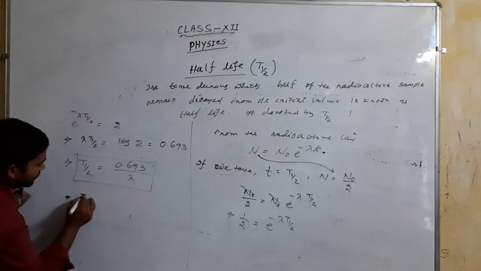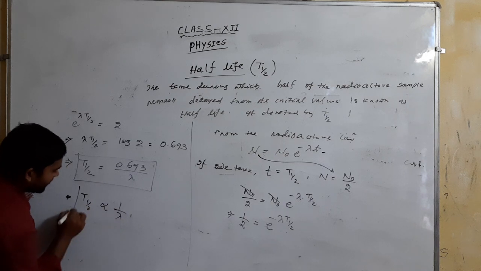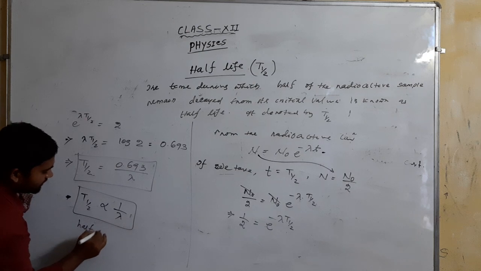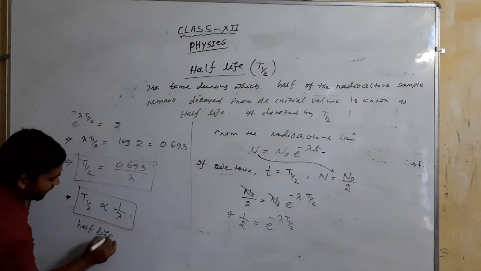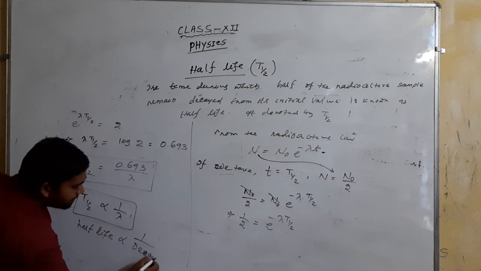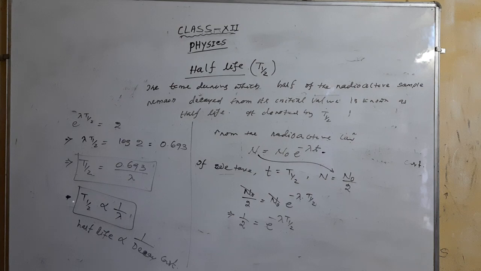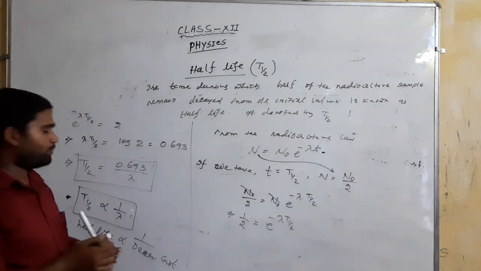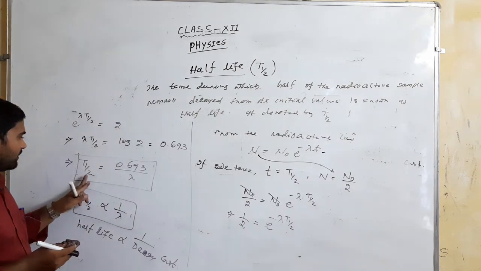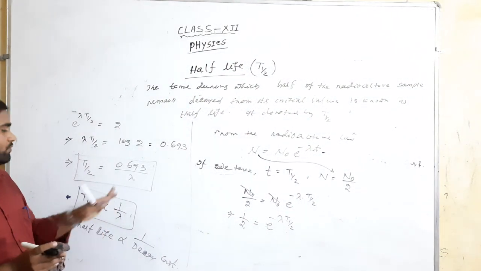So basically, the half-life of a radioactive sample is 0.693 over lambda, where 0.693 is a constant value. So T half is proportional to 1 by lambda, that is, half-life is proportional to 1 by the decay constant. The half-life of a radioactive sample is inversely proportional to the decay constant. This formula is very important and will help you in the exam.